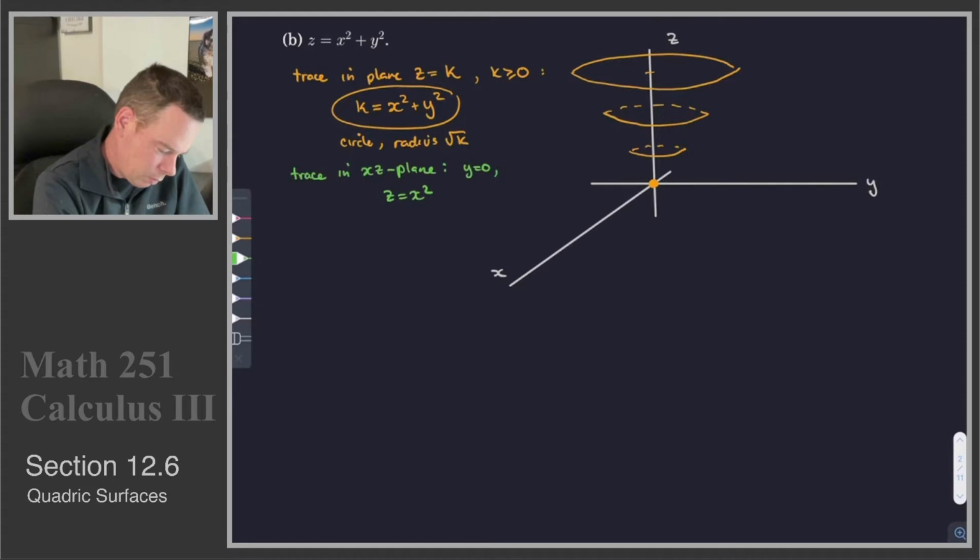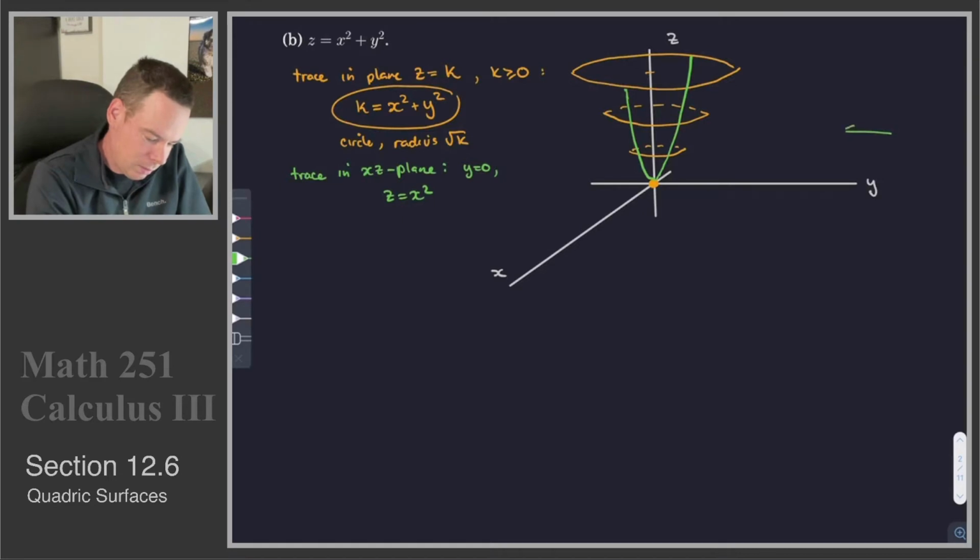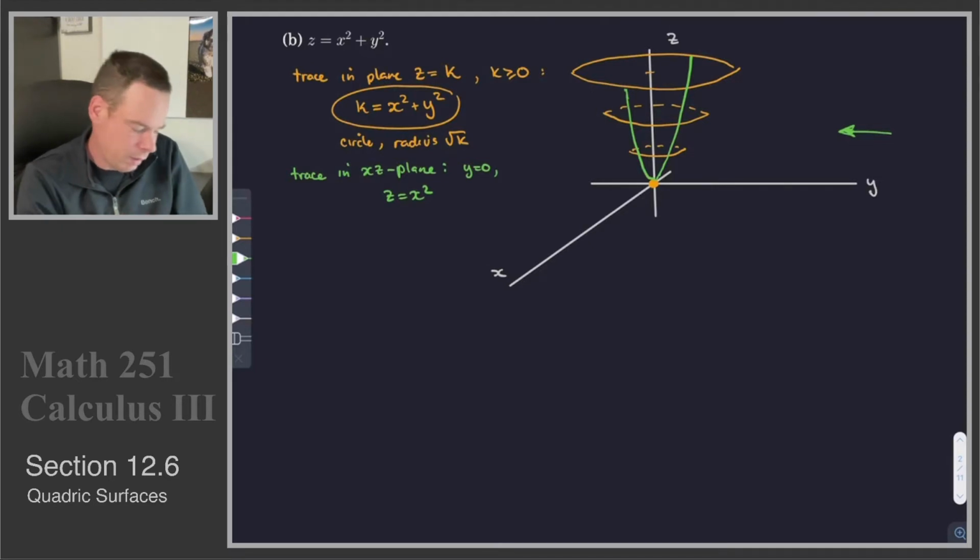So maybe I'll draw my parabola something like this. So it's sort of coming down, intersecting, and then going in the other direction like that. So this is in the xz plane, so I'm kind of drawing it with perspective, like we're looking at it. It's got to be a parabola when you stare at it in that direction, in the xz plane, but we're sort of looking at it on an angle.